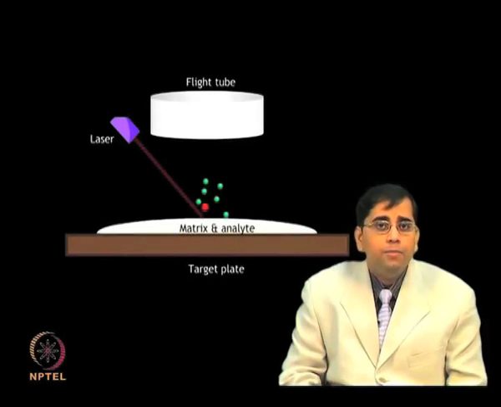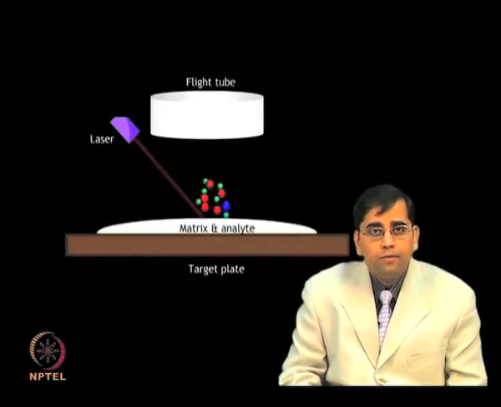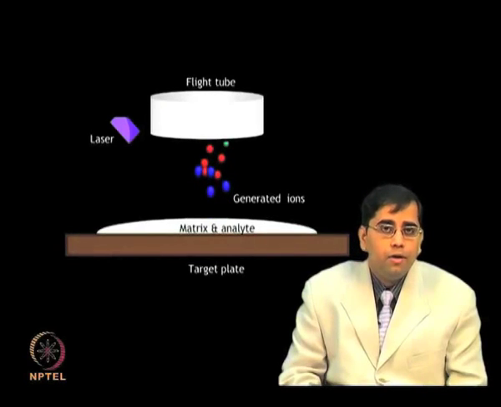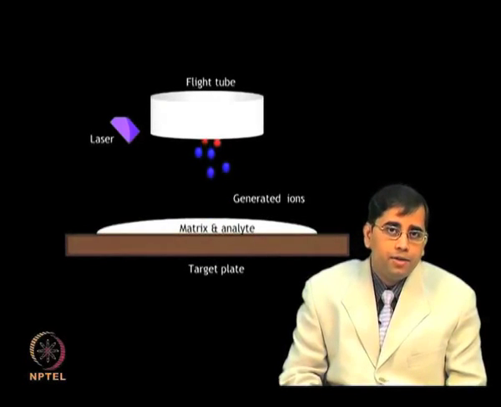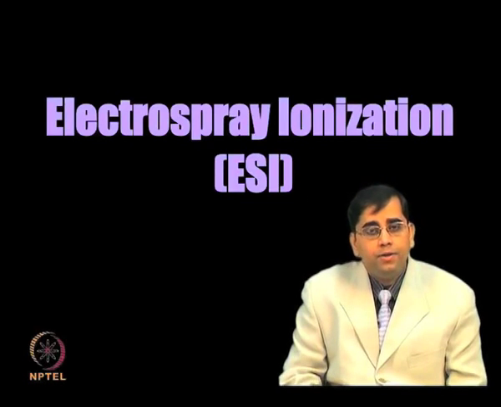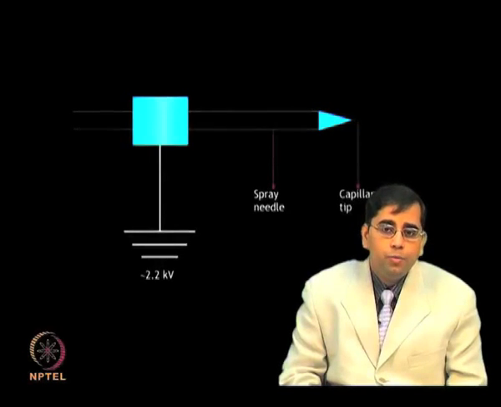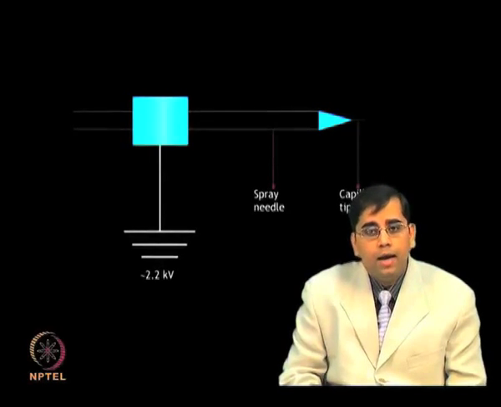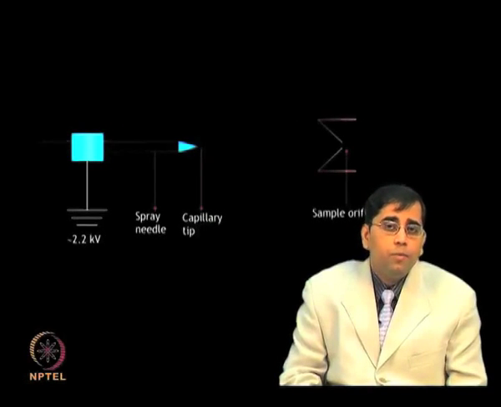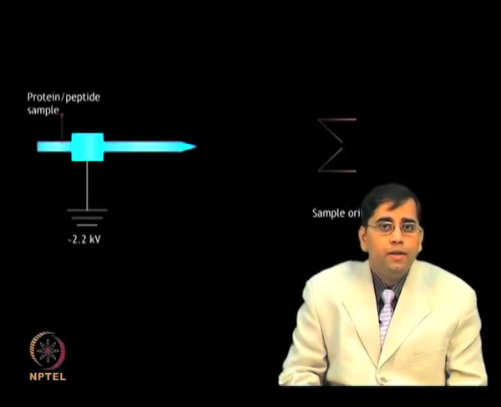It is an efficient process for generating gas phase ions of peptides and proteins for mass spectrometric detection. Electrospray ionization requires the sample of interest to be in solution and produces gas phase ions from solution obtained from the chromatographic steps.